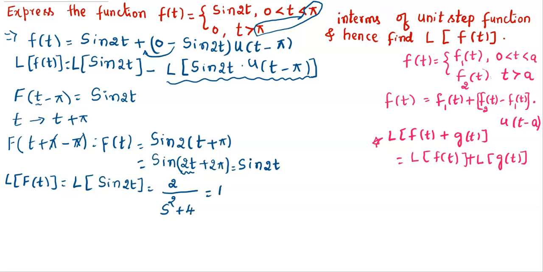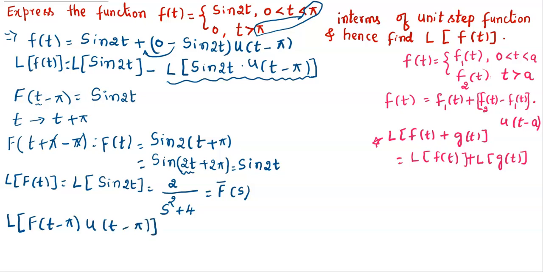This is our F bar of s. Now we have to find the Laplace transform of capital F of t minus pi into u of t minus pi.